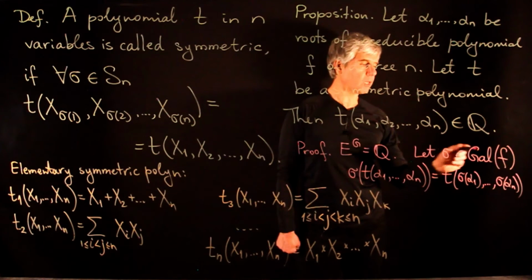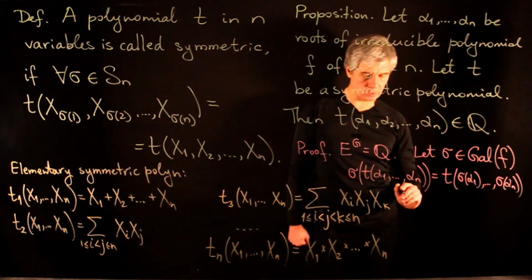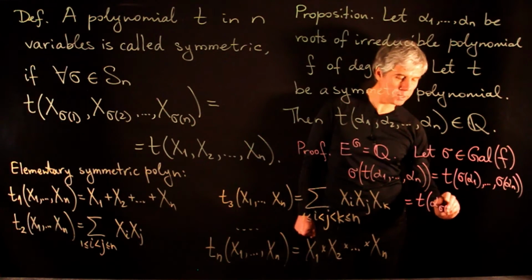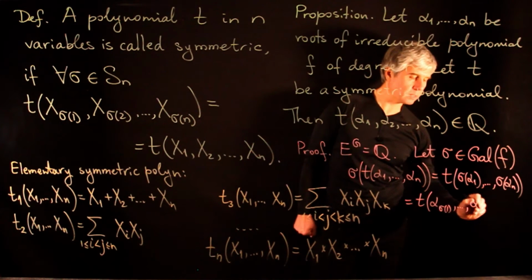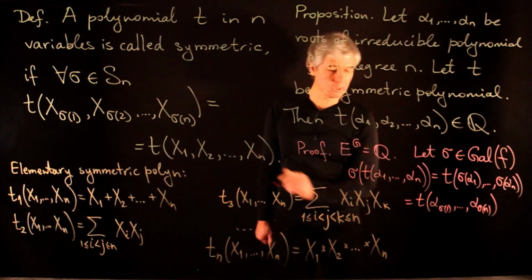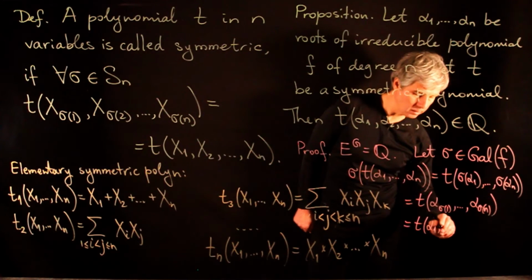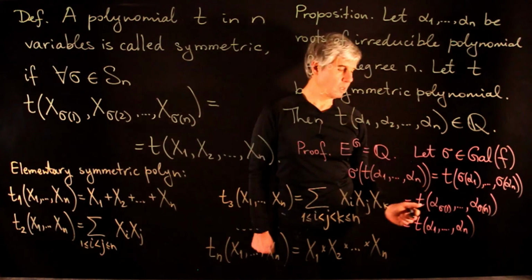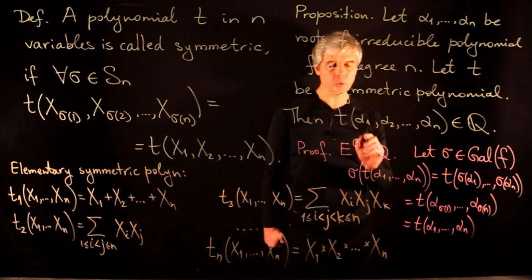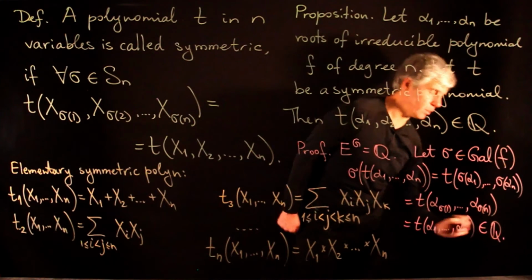But the element of the Galois group permutes the roots, and we can think of it as a permutation on the indices. So this can be written as T of alpha sigma of 1, ..., alpha sigma of n. But our polynomial is symmetric, so this is equal to T of alpha 1, ..., alpha n. So this means that the value T of alpha 1, ..., alpha n belongs to the fixed point set, that is, it belongs to the field of rational numbers.